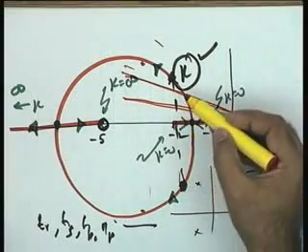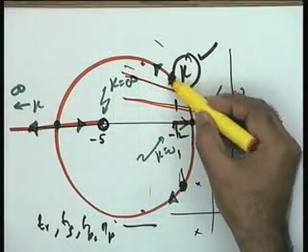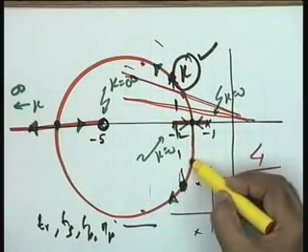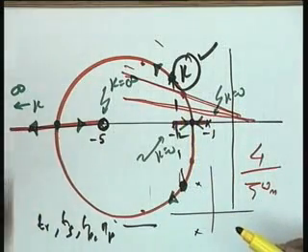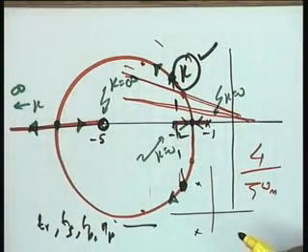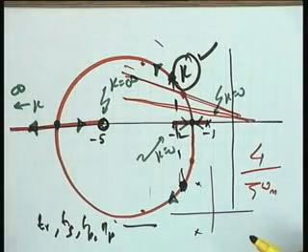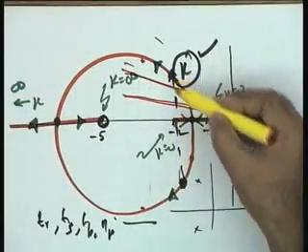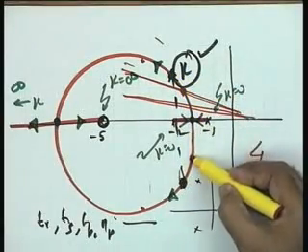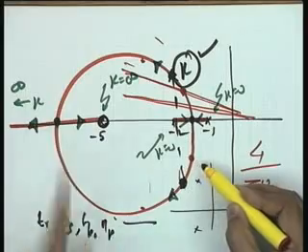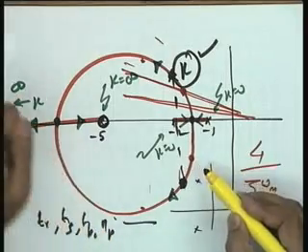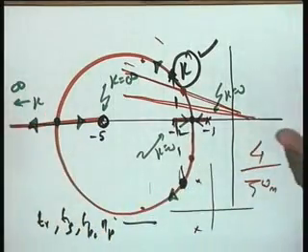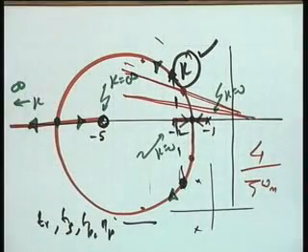So, if earlier your root locations are here, you will prefer these two root locations if the effect of the zero is significant. Did I take care of the confusion I made? Is it all right, please? If this is the location, you will most appropriately design for these locations, so that the effect of the zero is taken care of. If there is any question or doubt on this, please do tell me.